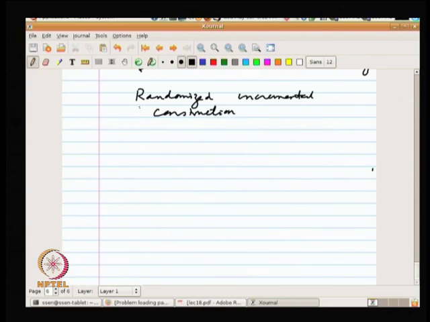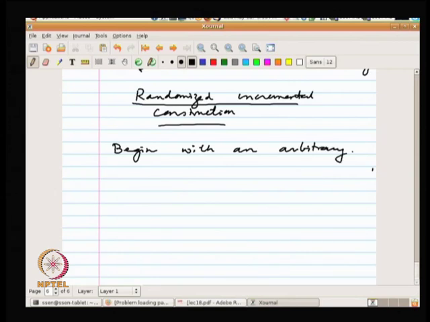Okay. What you do is you begin with an arbitrary triangulation. Well, actually, don't even. So just start with a set of points. Okay.